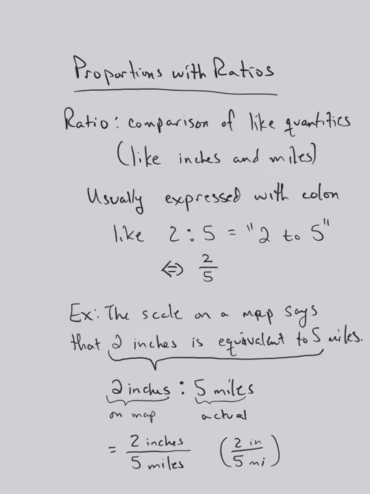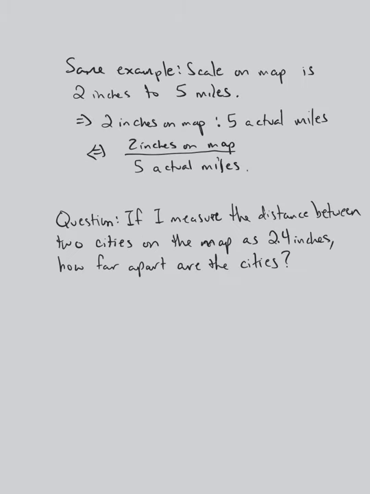So we have that idea right there. And what we're going to do is use that fraction to be able to measure actual distances now. So let's stick with this same example. The scale on the map is 2 inches to 5 miles. And so we could say 2 inches on the map to 5 actual miles.